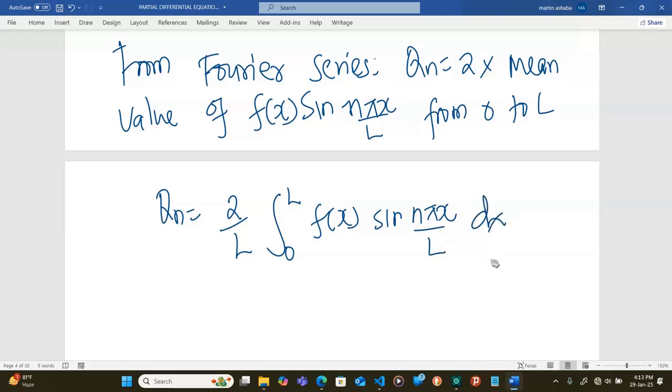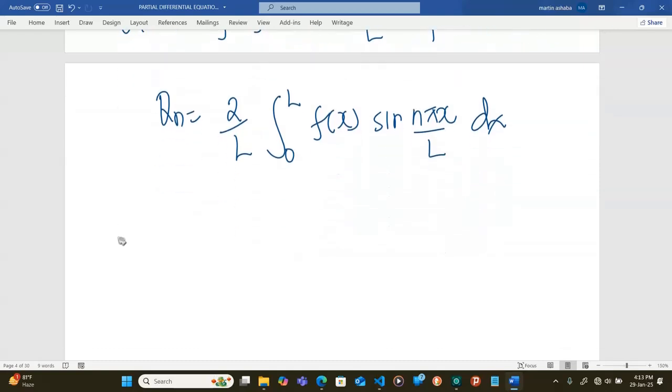So the moment we get that function, which is always going to be given, you can do the integration and get that 2n.